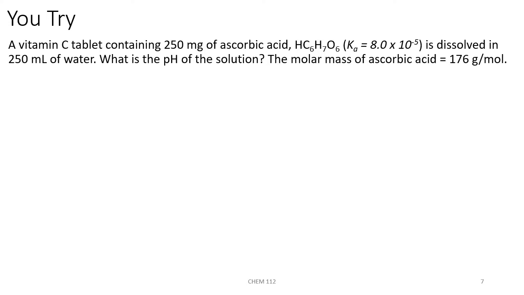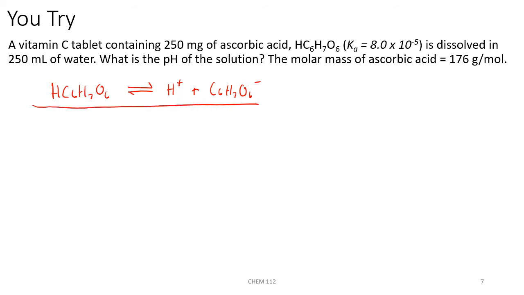So you always want to start with writing your dissociation of your weak acid. So we have HC6H7O6, and when that weak acid dissociates, it'll lose a proton and we'll be left with its conjugate base, which will be C6H7O6 minus.